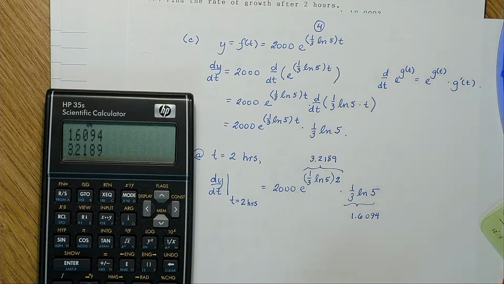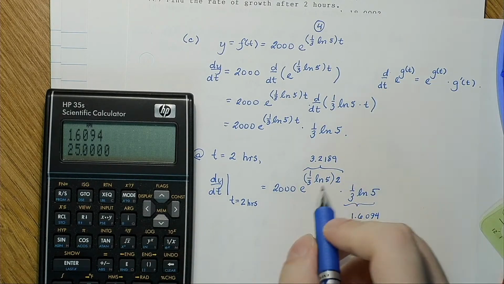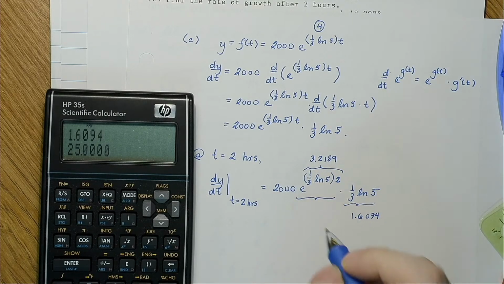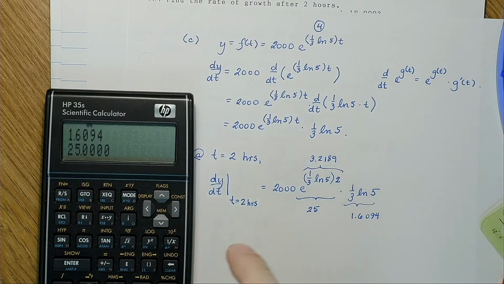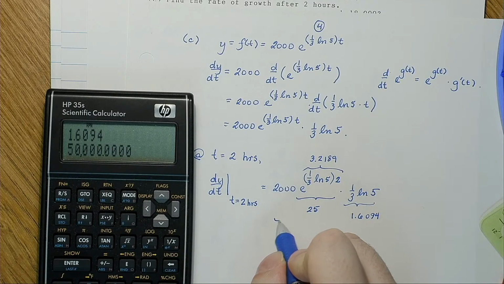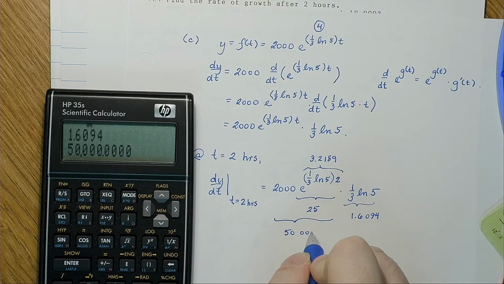I'm going to take the exponential of that. So there is 25. I'm going to multiply it by the 2000. So there is 50,000, and we multiply it by the last part there.